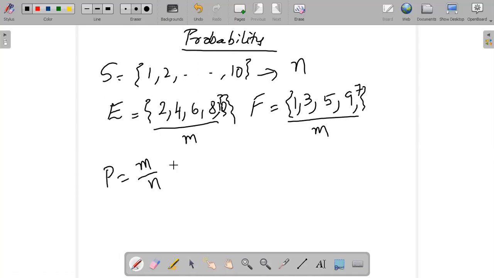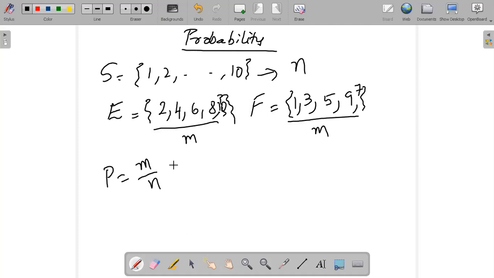An event consisting of all the variable possibilities. We have considered a well-defined collection of objects under the sample space, that is 1 to 10. So these are the various possibilities. That is the exhaustive.